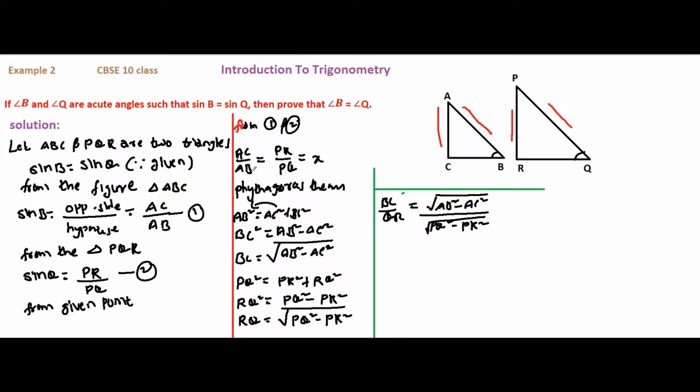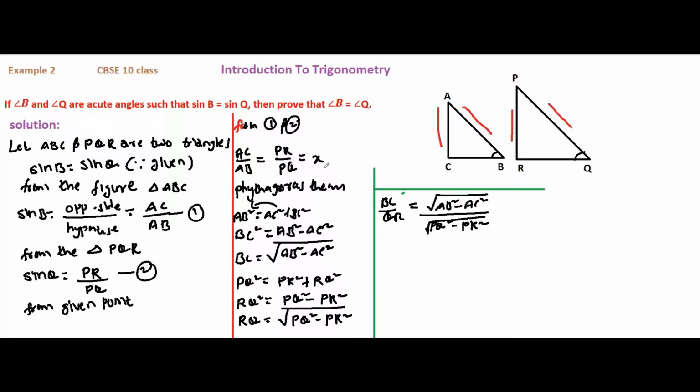Coming back to the question, AC equals PR into X, and AB equals PQ into X, we can write.